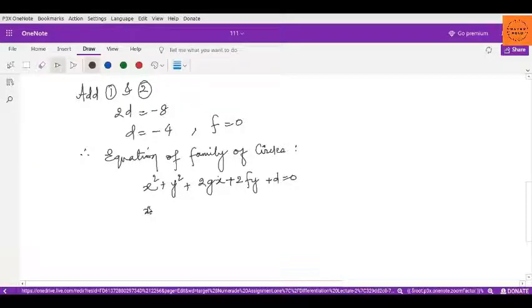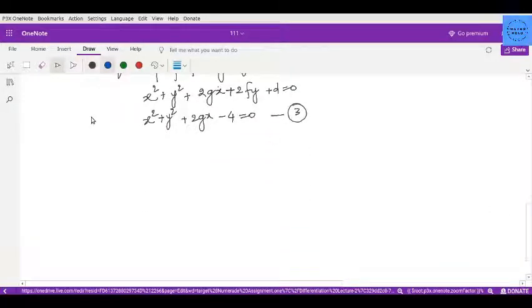So this becomes x square plus y square plus 2gx minus 4, as f is 0 and d is minus 4, equal to 0. This is the third equation.